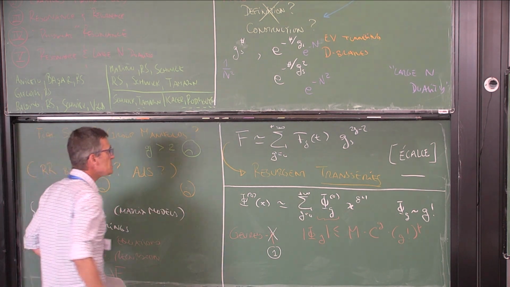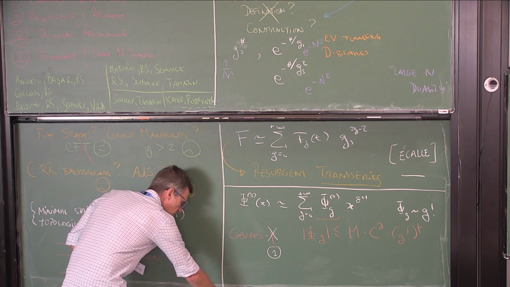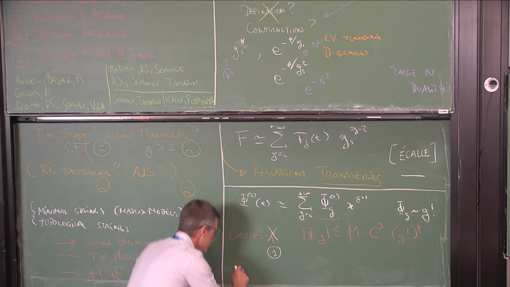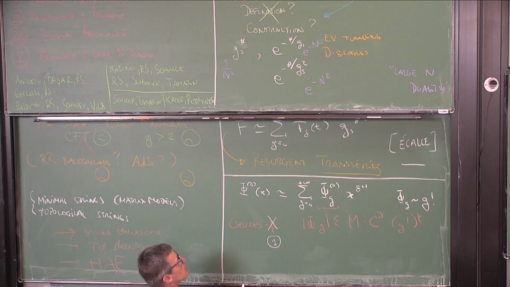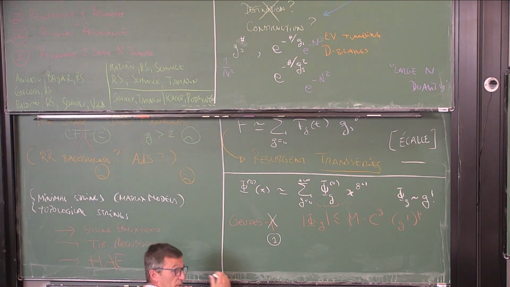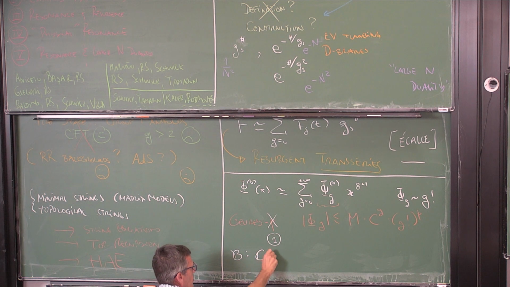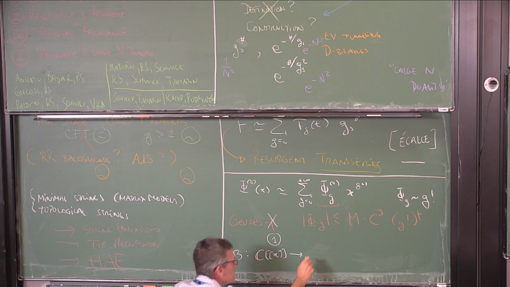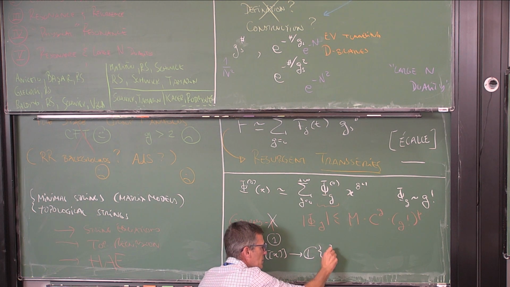How do I make sense of a Gevrey 1 series? Well, I use the Borel transform. So, I hope everybody can sit down here, just to maximize the use of blackboards. The Borel transform goes from this formal power series I'm given to basically a convergent power series at the origin.